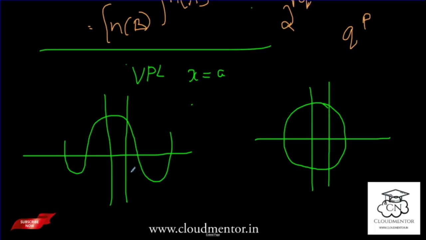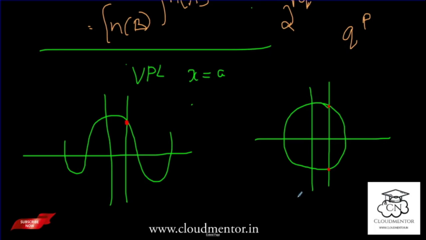We can clearly see that in this graph, the test line intersects the graph only at one point. The graph of the function here is this wave, and in the other the graph is this circle. But here the test line intersects the graph at 2 points, that is here and here.